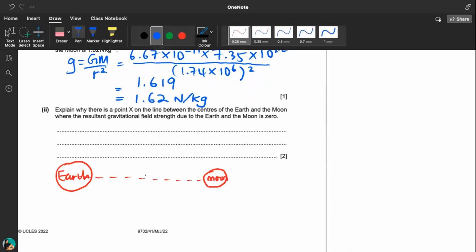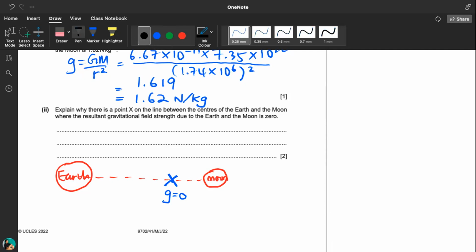Let's find out roughly where the point of 0 g is. The Earth's mass is so large, so the g of the Earth is stronger and the Moon's is weaker. So if you want to find a neutral point, to balance the greater one, the point is going to be more towards the moon. So let's say somewhere here. Okay, this point is where the g is 0.